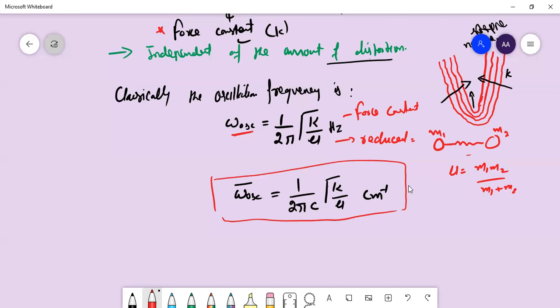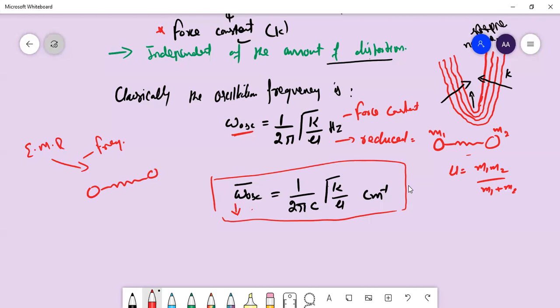So what will happen here is, when the frequency of the oscillation matches the frequency of the light, now you have this molecule and you have bombarded electromagnetic radiation on it, what will happen?